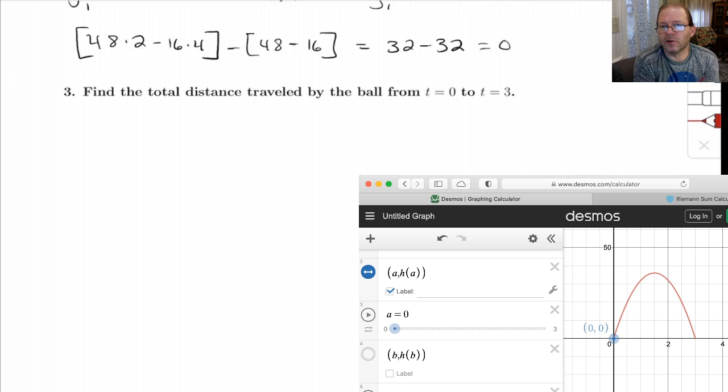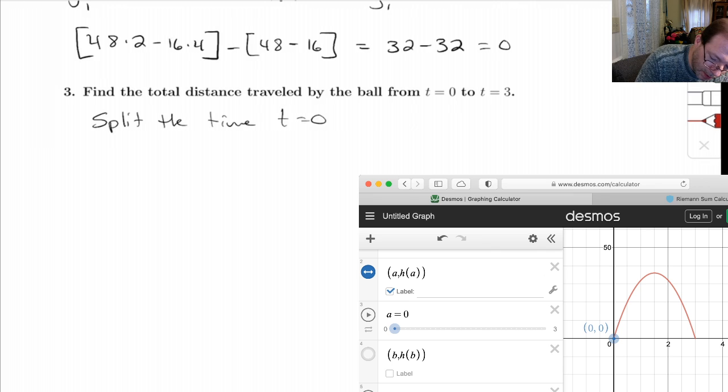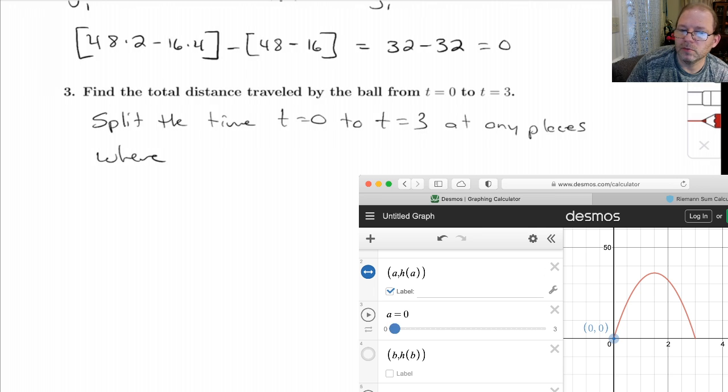Of course, that's from looking at the graph and seeing all the niceness. The way we would do this is to split the time from t equals 0 to t equals 3 at any places where, obviously on this picture, we want to stop when it's at the top because that's when it changes direction.